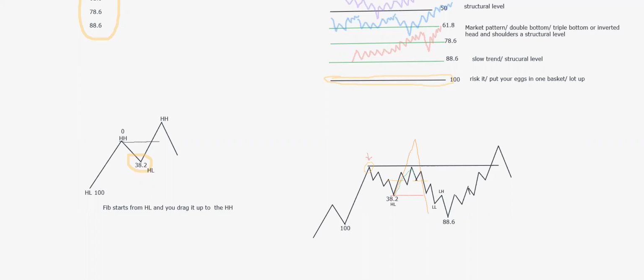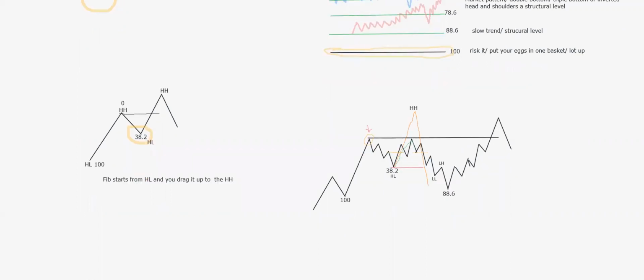On this example, if 38.2 was our swing low to create this high, we have to reset or reposition our fibs now.